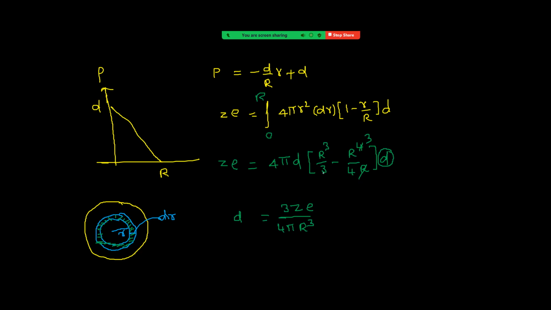Cross check once: 4 minus 3, 1, remain 3, 4. 1, 4 cancels, 3 comes here. So 4 pi R cube. This is now D value.